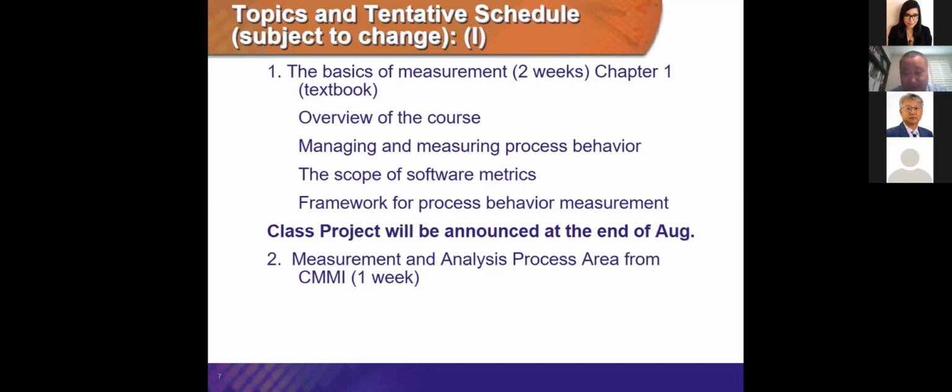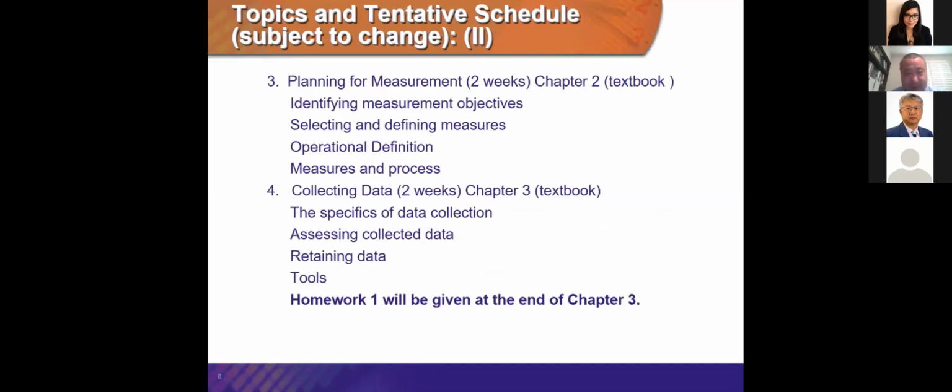I already provided all the due dates for the different work. I want you to go through this. We cover some of the basic stuff, and also some of the CMMI-related material dealing with metrics. We talk about planning for measurements, which is in the textbook, and collecting data.